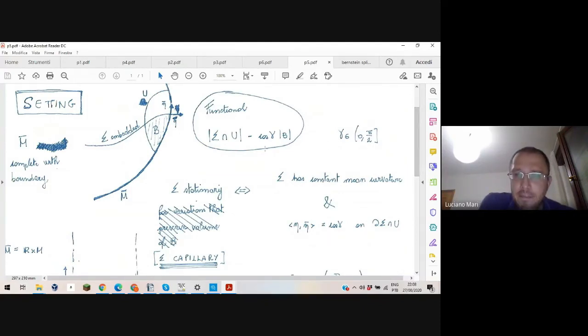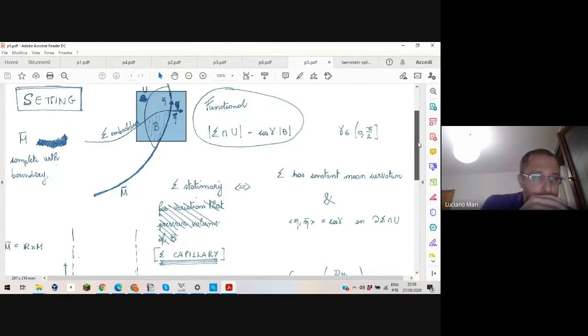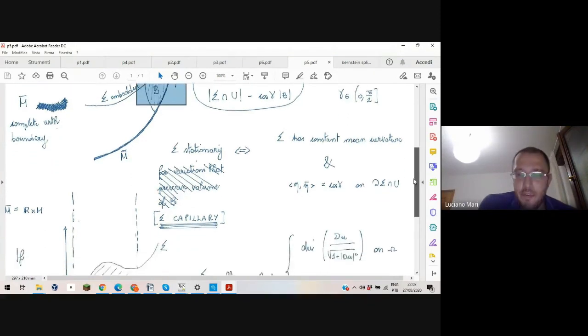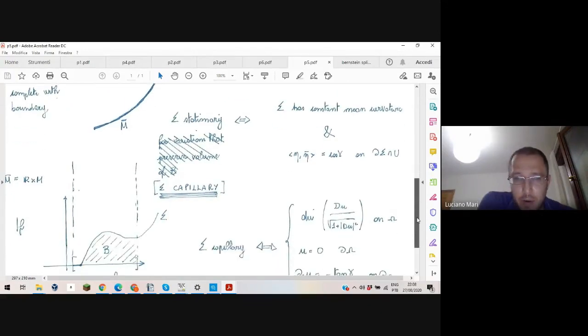In particular, if gamma is pi over 2, cos gamma is 0, and you reach the free boundary minimal hypersurface. Okay, free boundary means 90 degrees touching on the boundary.